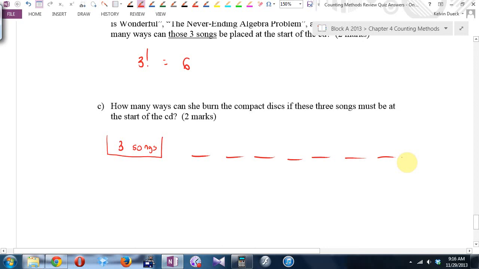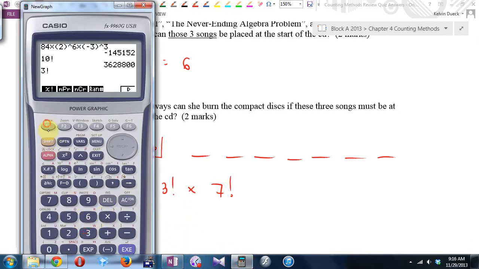How many ways are there to mix up those 7 blanks? 7 factorial. How many ways are there to mix up those 3 songs? 3 factorial. So she has 3 songs in the front and 7 songs afterwards. 30,240.